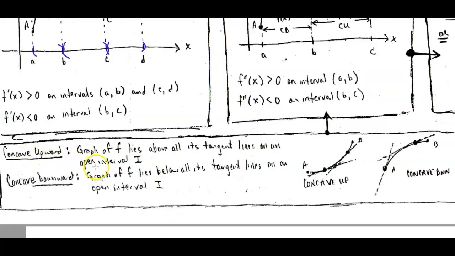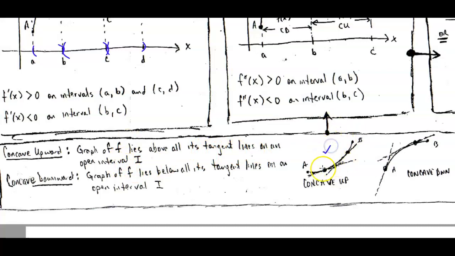All right, so for the concept of concave up and concave down, I have a picture of what that looks like here. But of course, I'm actually going to give you 3 different interpretations of it. So what this says here is concave up is going to be the graph of the function lies above all of its tangent lines on some open interval I, okay?